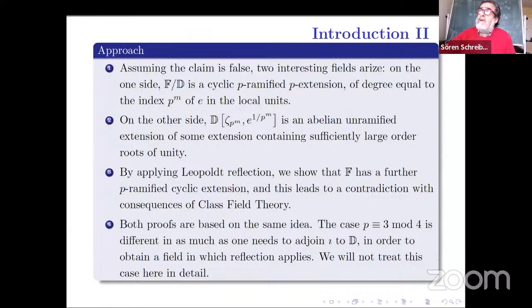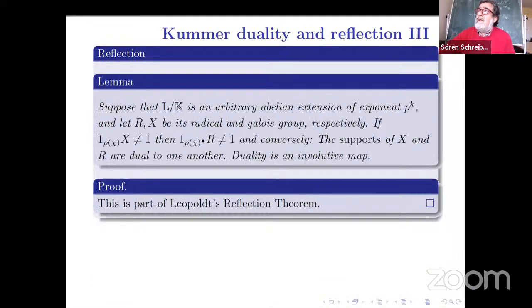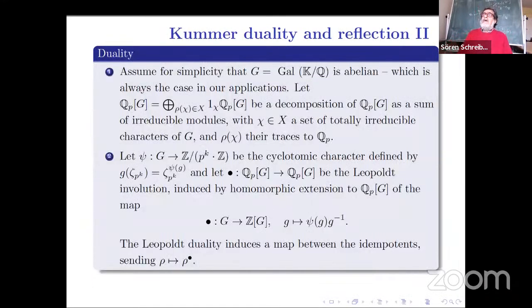Okay. Now I work with reflection. So what's the idea? Again, in the general setting, you take an extension K over Q with group G, abelian group G to make it simple.